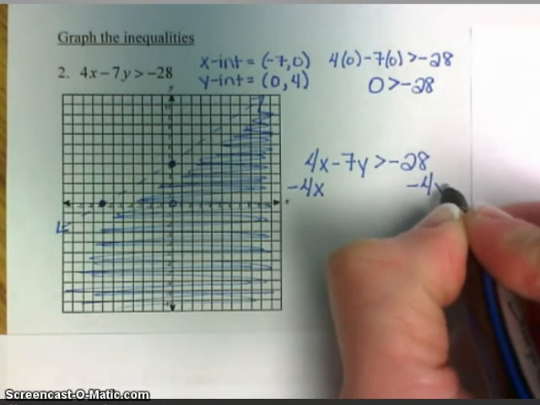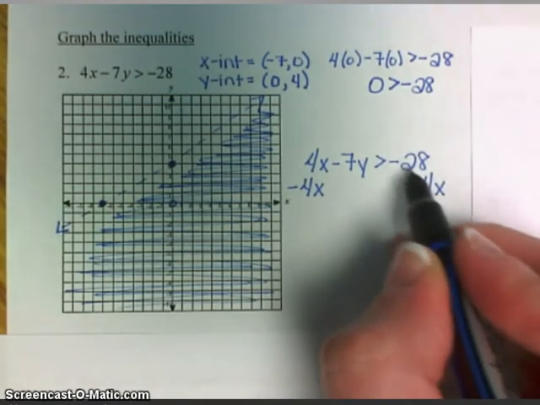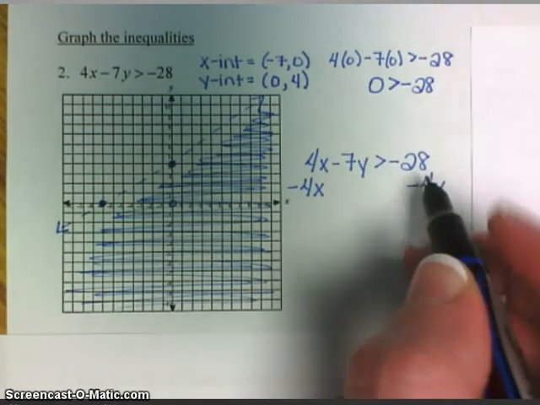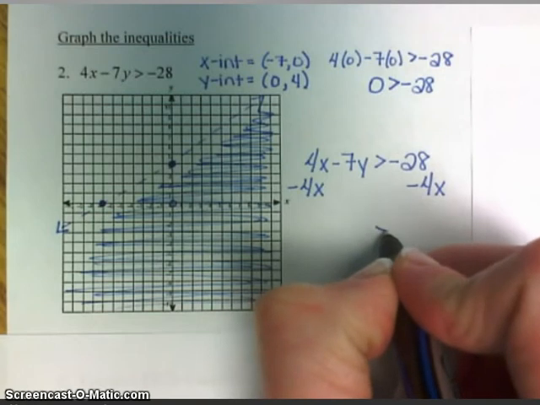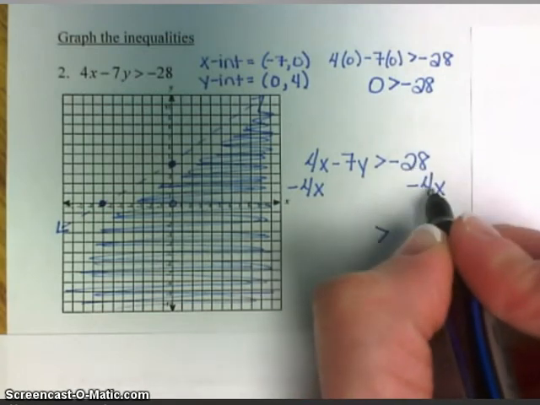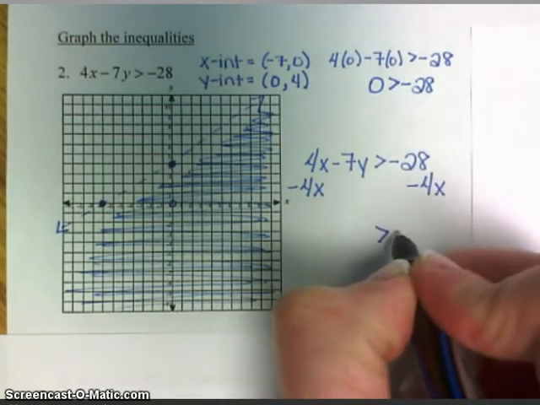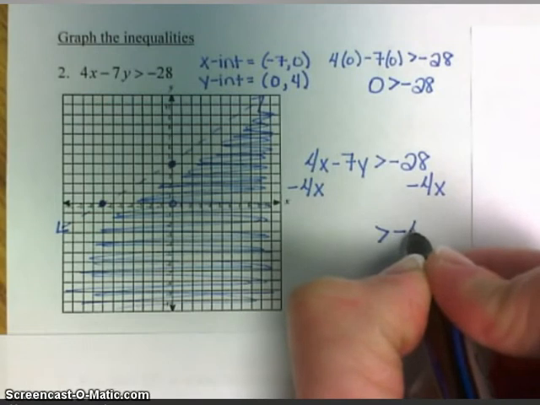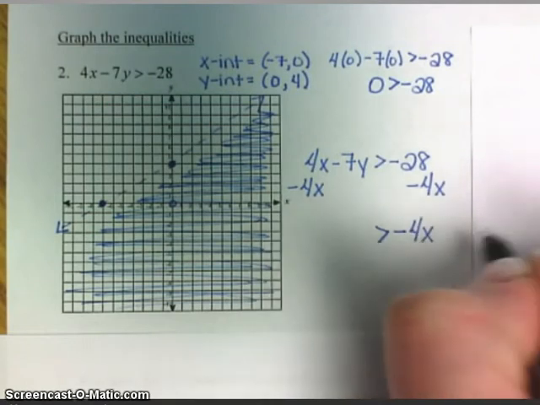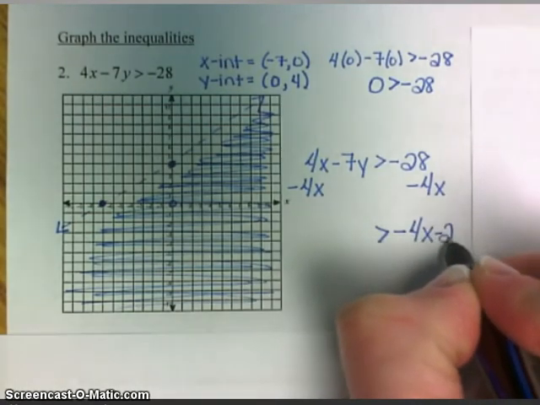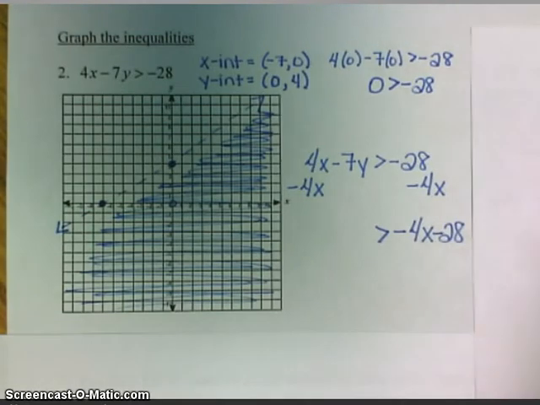Now I can't actually subtract 4x from negative 28, and this is where some people have a little confusion. On this side, I can't literally subtract that. They're not like terms, so just write what you see. I have a negative 4x and a negative 28. Negative 4x minus 28 is what that becomes. It just becomes a subtraction expression there.